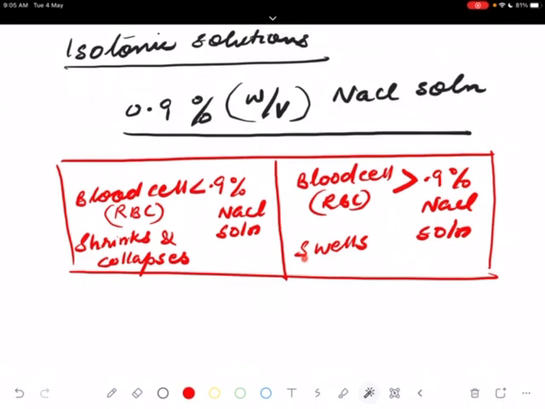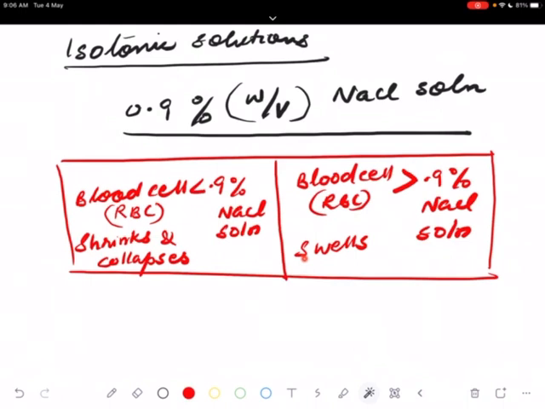So if a solution is getting injected into our blood cell, take care that that solution should be having the same osmotic pressure as that of our blood cell, the fluid inside the blood cell. The medicines or solutions having the same osmotic pressure can be injected safely.